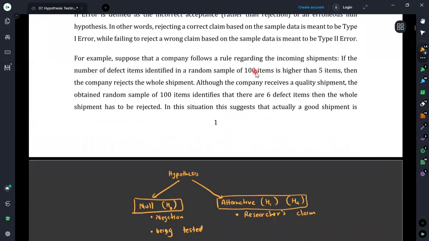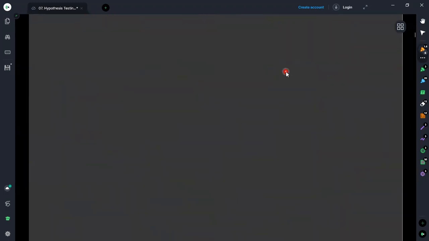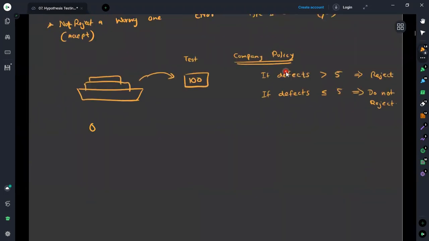Suppose that this shipment is actually a quality shipment. Suppose that it is having 10,000 items.